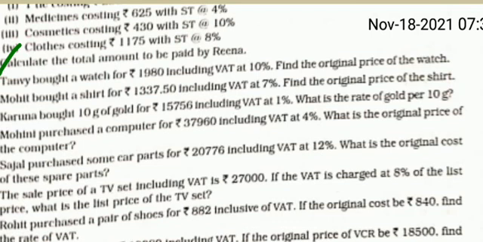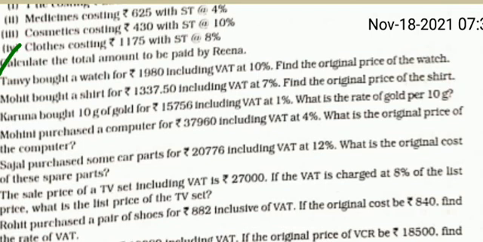VAT means value added tax. I have discussed in the class, and the percentage of VAT is 10%. This VAT is imposed by the government. Find the original price of the watch.